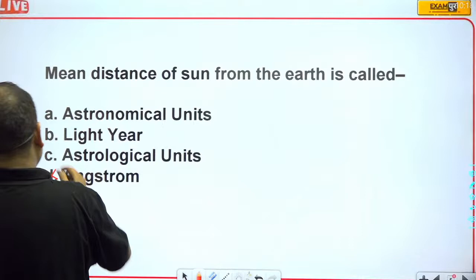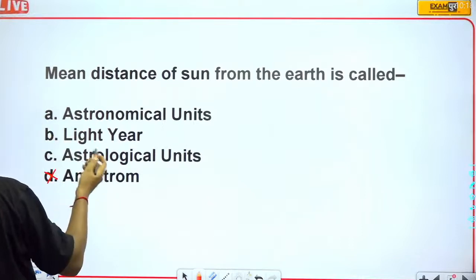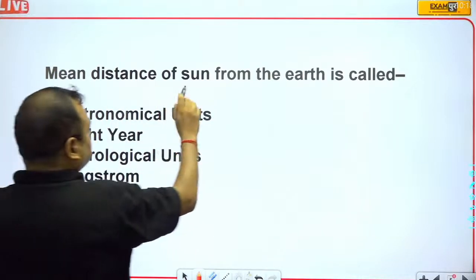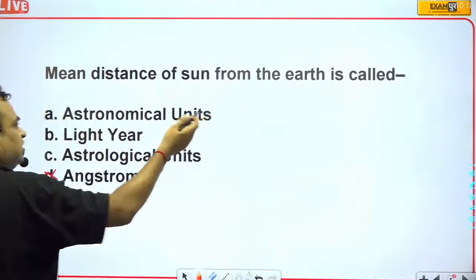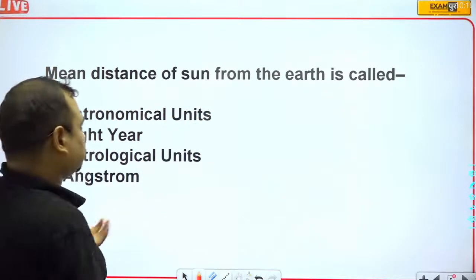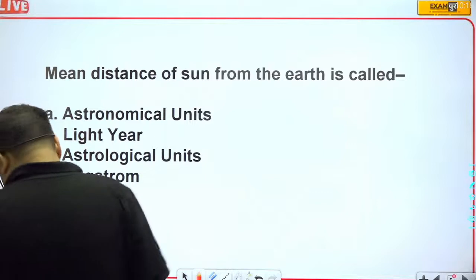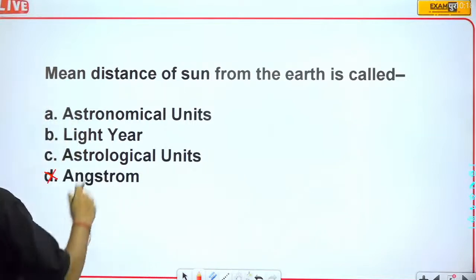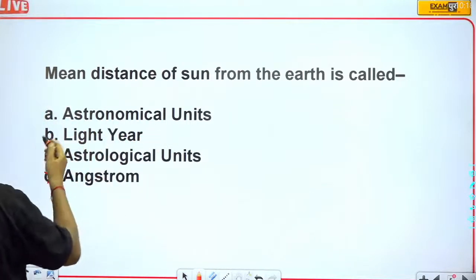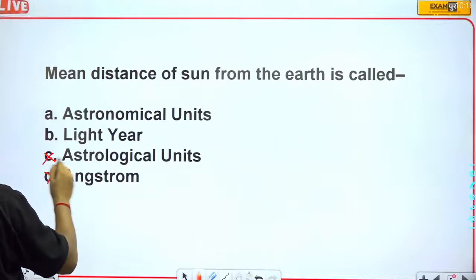Light year may be correct, but because here we are talking about the sun and the earth, these are two fixed things, already existing things. So here this one is astrological unit.